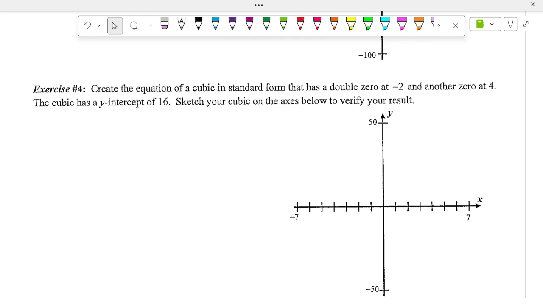Not much, but there's some different vocabulary that we need to talk about. They want us to create an equation of a cubic function in standard form that has a double 0 at -2 and another 0 at 4. They then said the y-intercept of the function is 16.